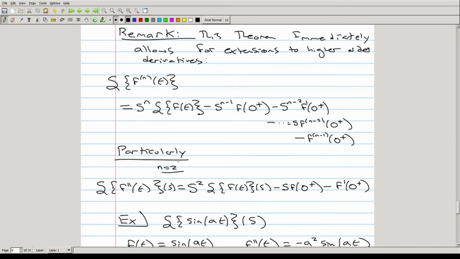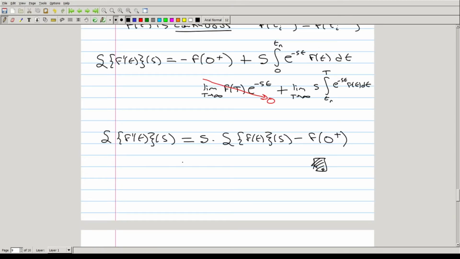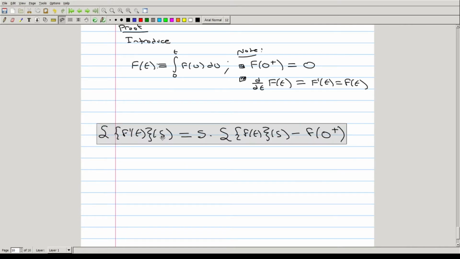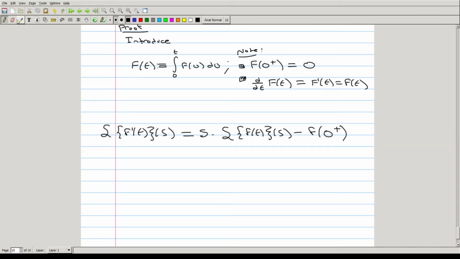It uses the formula for the first derivative, this formula right here, only we apply it to capital F prime. So we know that capital F prime is the same as lowercase f of t.